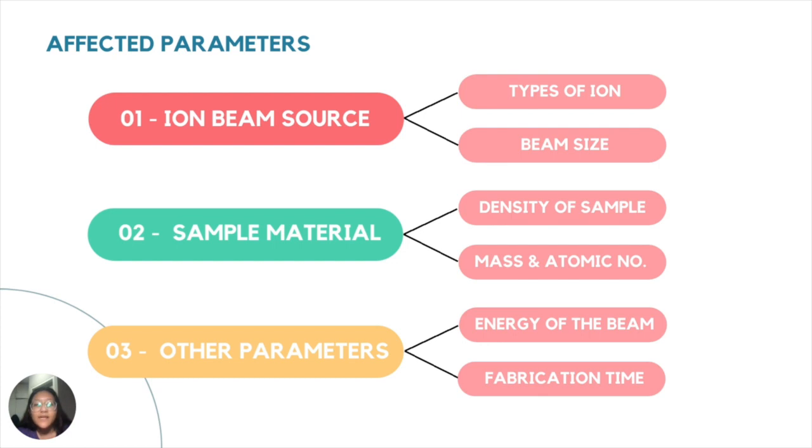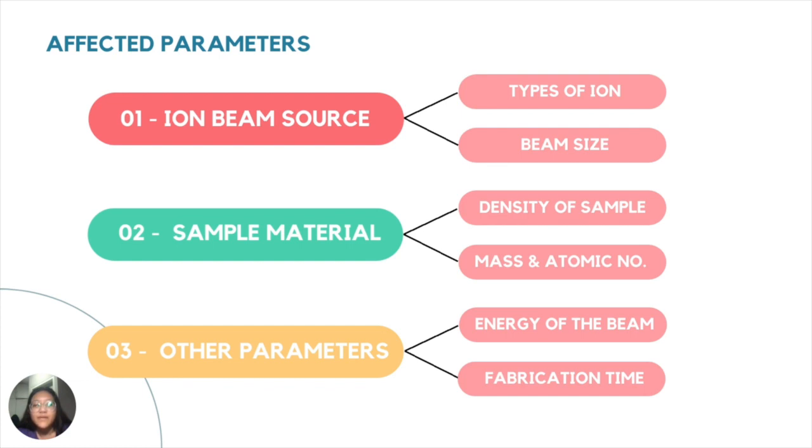Next is the sample material, which can be separated into the density of the sample and the mass number and atomic number of the sample material. Both of them affect the penetration depth of the ion beam. Focused ion beam lithography depends on the ion-solid interaction, both nuclear process and electronic process, which refer to the collision of the atom of the solid or the electron with the ion.